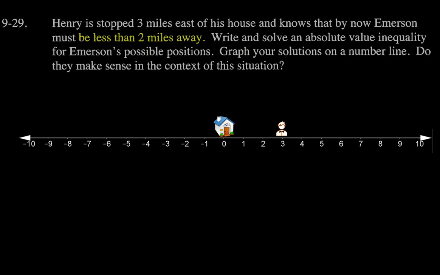Okay, that's important. So let's pen in where it says write and solve an absolute value inequality for Emerson. Okay, so less than 2. First of all, let's say what x is. I'm going to say that x is Emerson's possible locations.